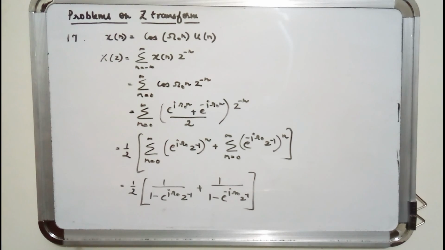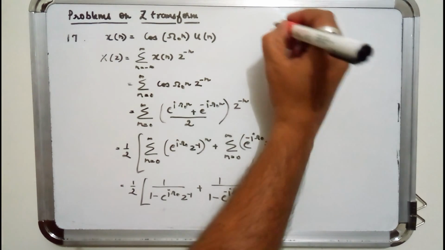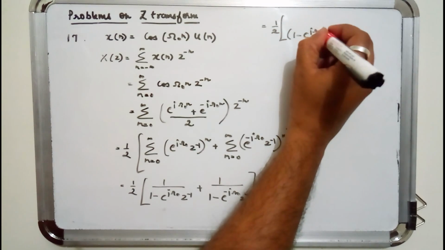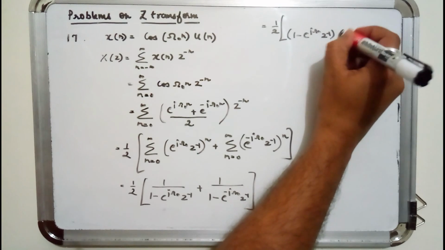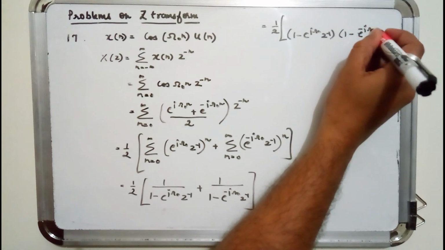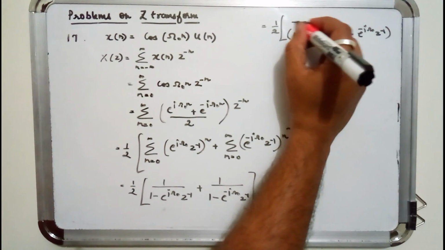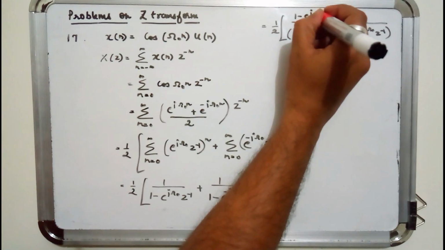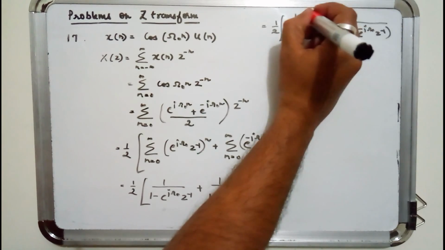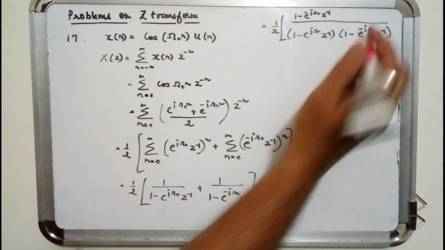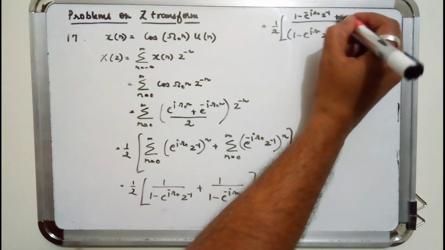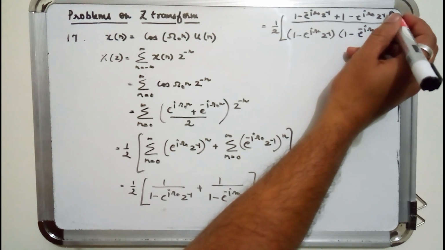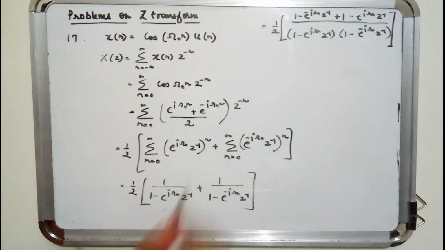If I simplify this further, if I take the common denominator, I will be getting half into 1 minus e power j omega naught z inverse into 1 minus e power minus j omega naught z inverse, and in the numerator I will be getting 1 minus e power minus j omega naught z inverse plus 1 minus e power j omega naught z inverse. This is the factor which I'll be getting.